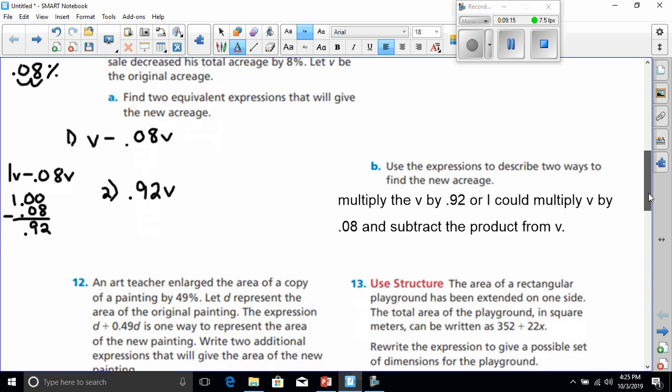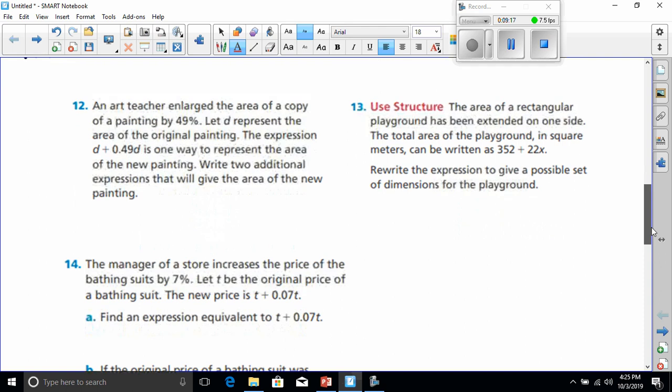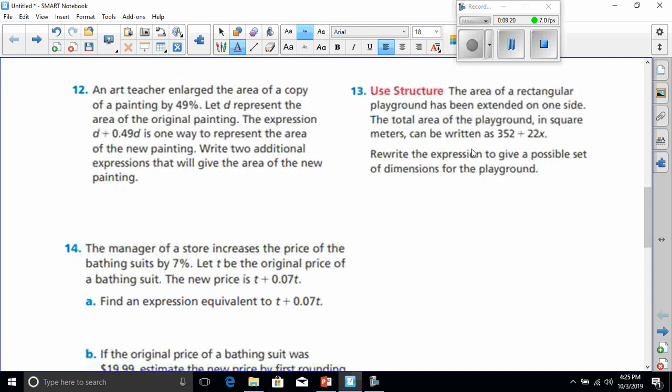Let's go to number 13. The area of a rectangular playground has been extended on one side. So I have a playground, and it's a rectangle, and it's been extended on one side.